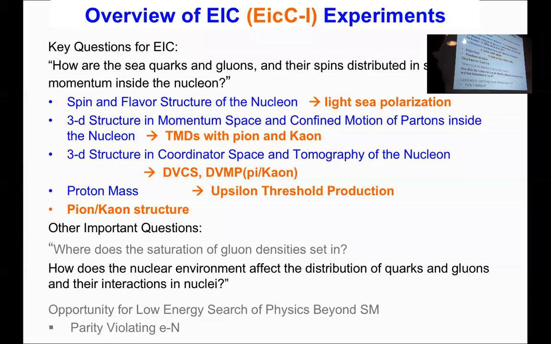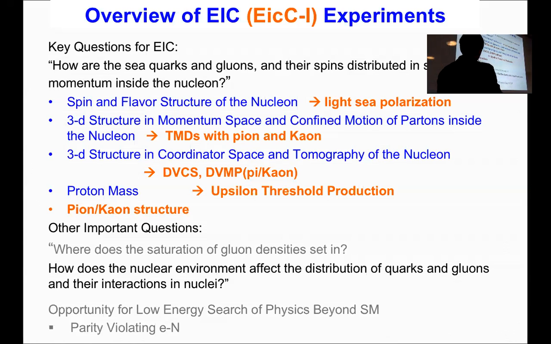So some of the physics I was showing for the US EIC, most of the sea, not gluon much. It's the spin and flavor, 3D structure can all be done, especially the light quark productions, like through pi and K productions, for TMDs, for GPDs also.